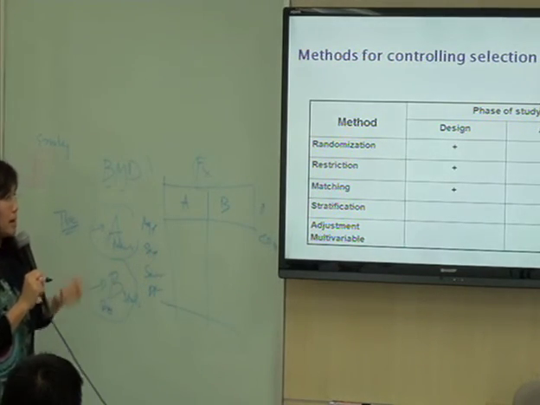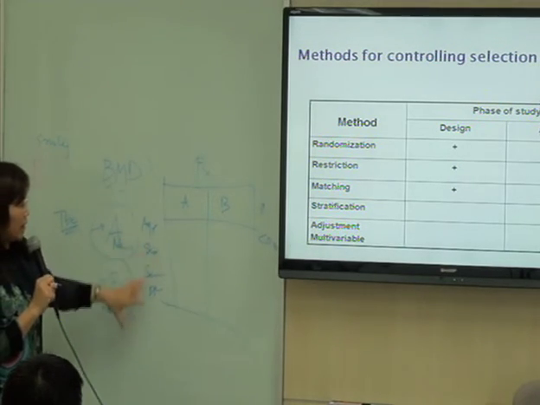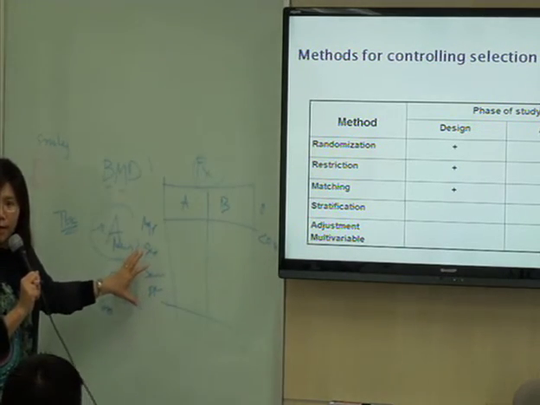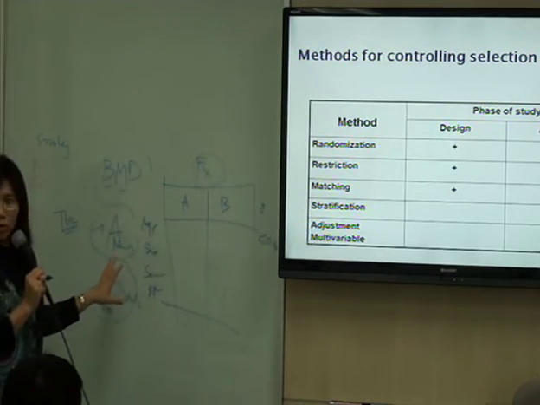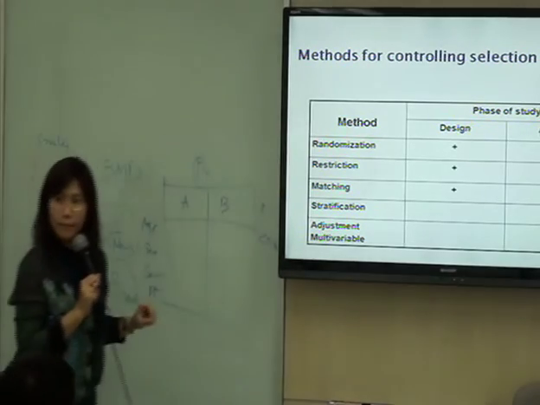So it suggests there might be susceptibility bias, because subjects receiving A and B are not equal, since we cannot do randomization.